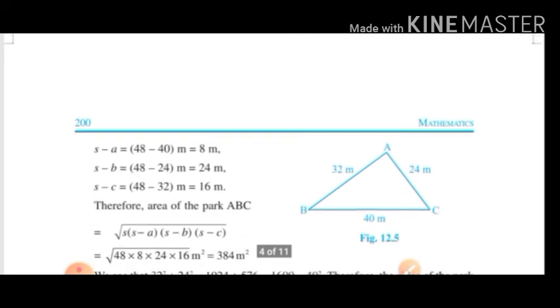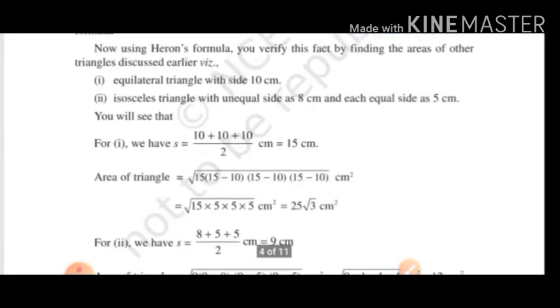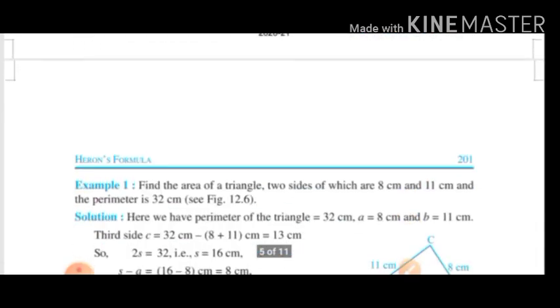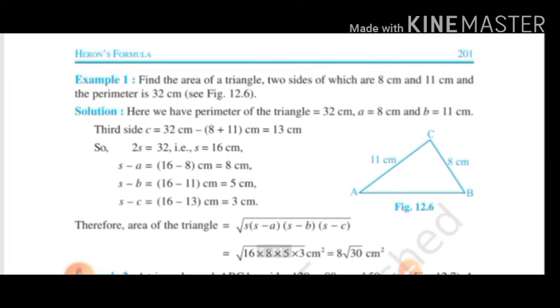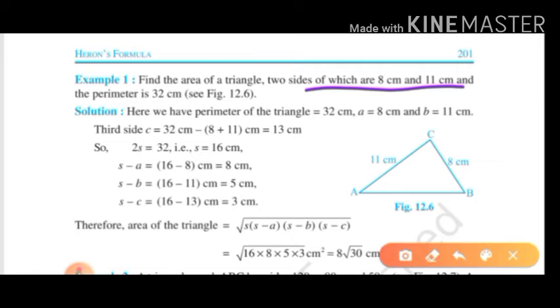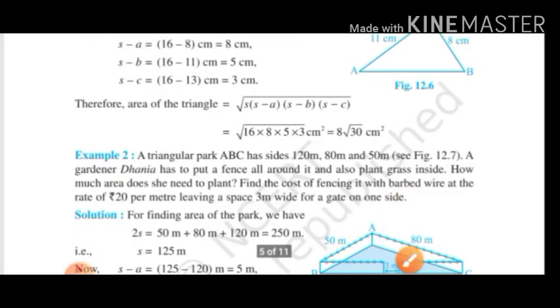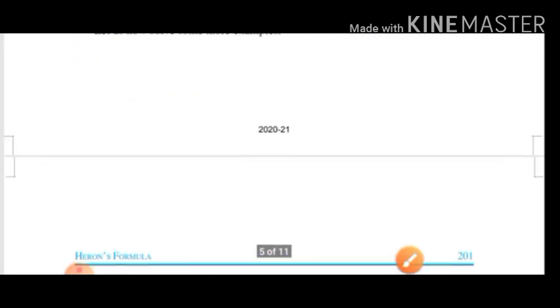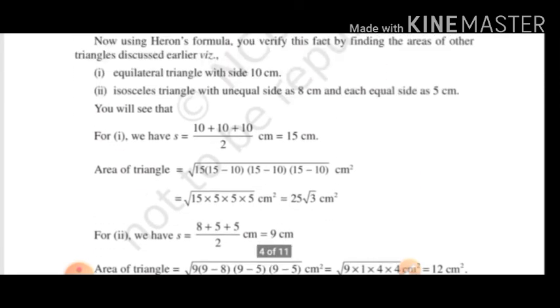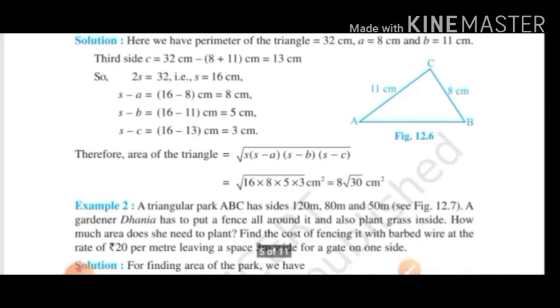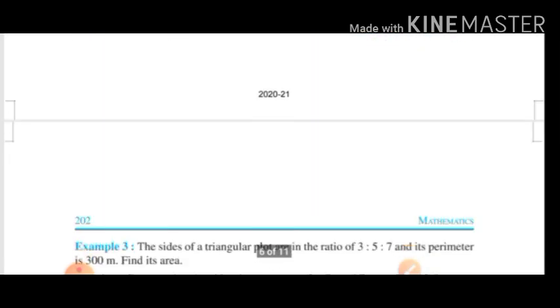Likewise, by using this we can go for the exercise. Some questions are given: find the area, sides are given, or perimeter is given. Like that you will be given, also for an equilateral triangle. Then you can go for the exercise.